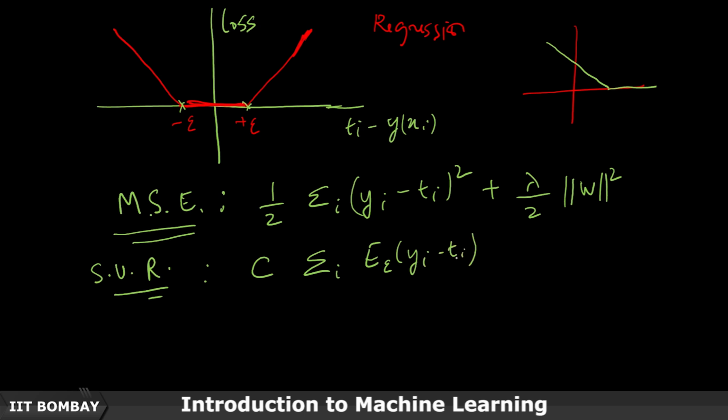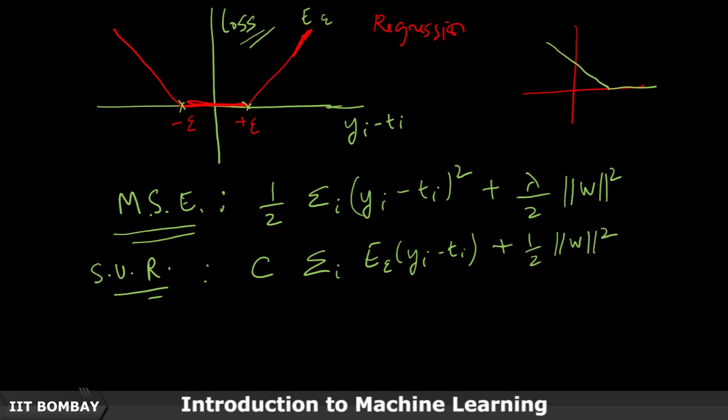What is E epsilon? This red curve is E epsilon of yi minus ti. So C times the sum of E epsilon of yi minus ti, plus half mod w square.